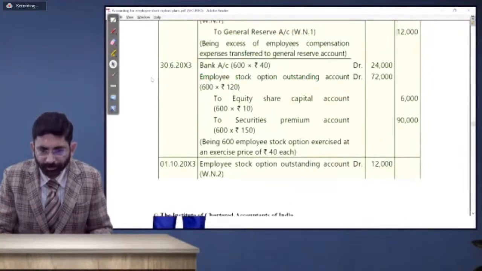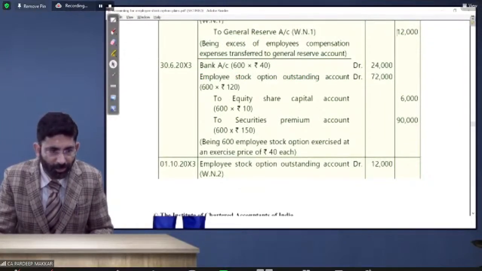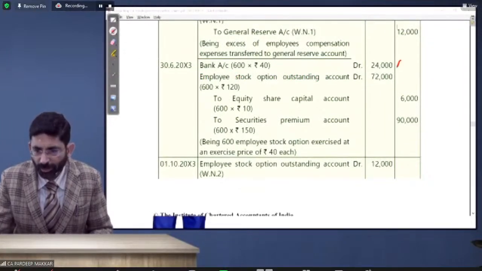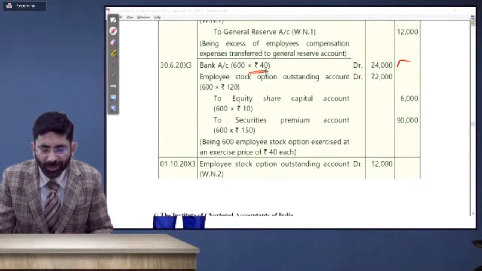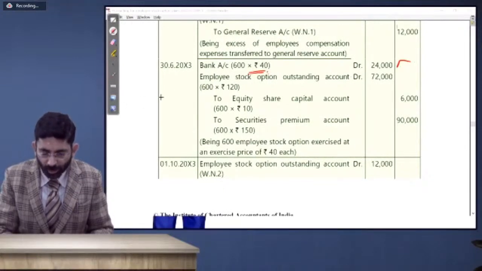Yeah, this is rupees 24,000 in this case. What is it? See the question. You may easily understand the concept.